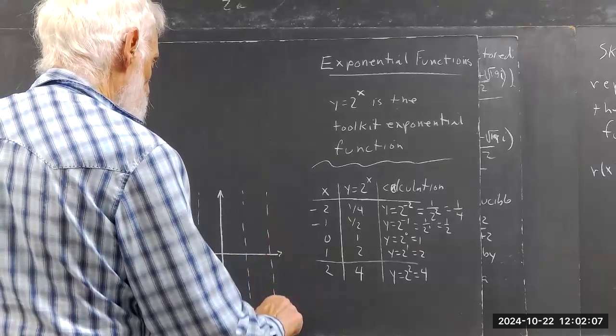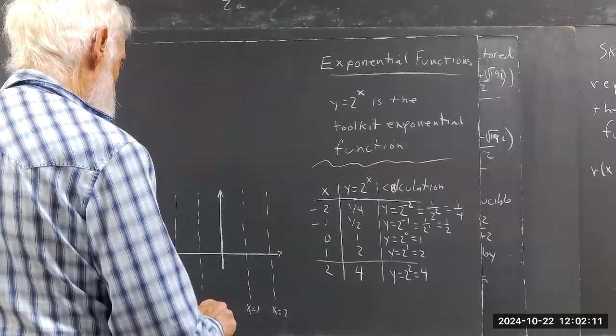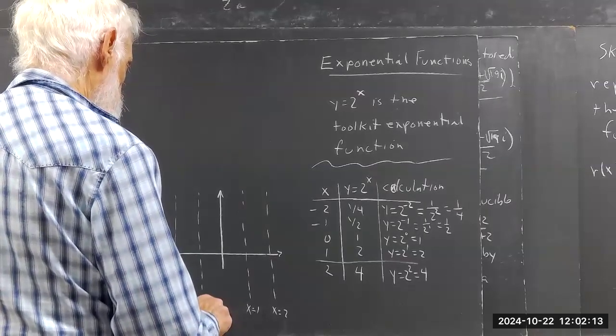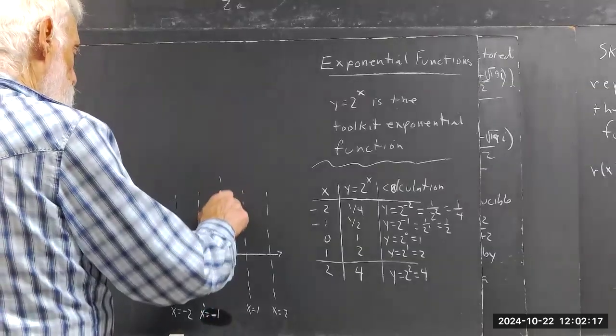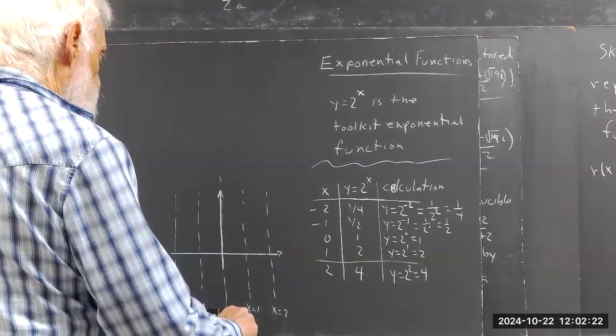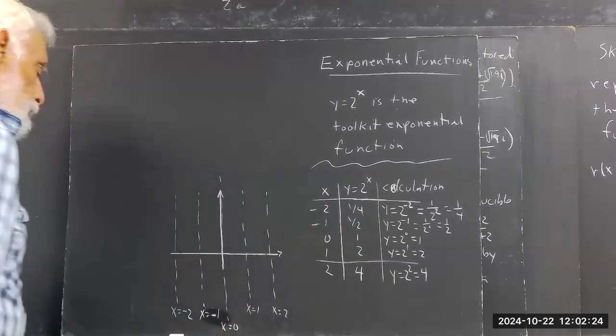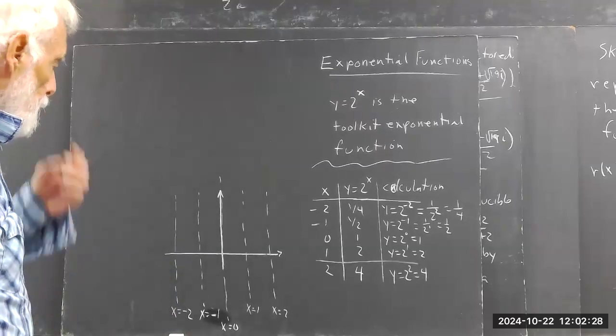And the x equals 2 line over here. And of course, the y-axis is the x equals 0 line. If you don't totally understand that, think about it until you do.